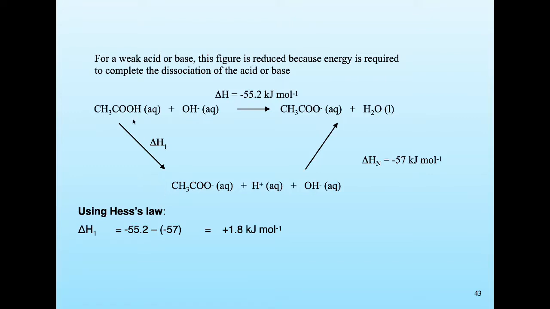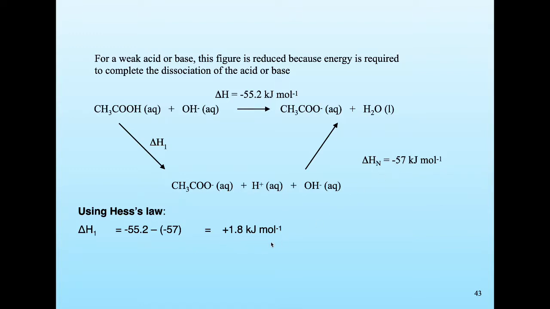Using Hess's law, this reaction, minus 55.2, would be equal to delta H1, so this delta H, minus 55.2, and then we've got to go against this particular arrow, so it's minus 57, and that works out to be plus 1.8 kilojoules per mole.